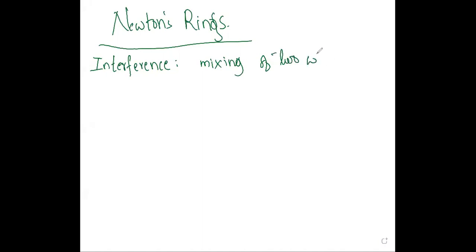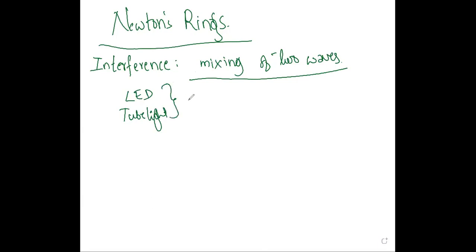Now let us talk in terms of light itself. Suppose you have two bulbs. One is an LED, another one is a tube light. Both of them are on in a room. Are the lights coming out from these two sources undergoing interference?